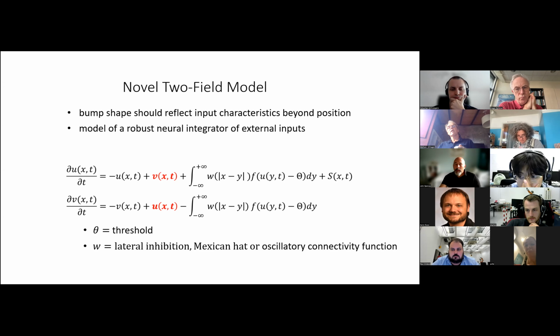If you say, okay, we can live with this, and as an approximation we can do a good job, I would say this local coupling, which allows you to reflect in the bump shape also some input characteristics, is a nice feature, which in the application helps you to do things that you cannot do with the Amari model. But that's the message.